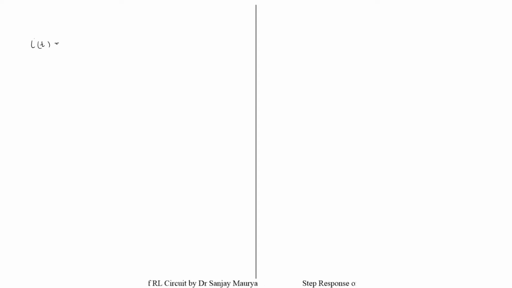So after substituting this value, I can write down i(t) is equal to Vs by R plus (I naught minus Vs by R), which is the value of A, times e to the power minus t by tau.